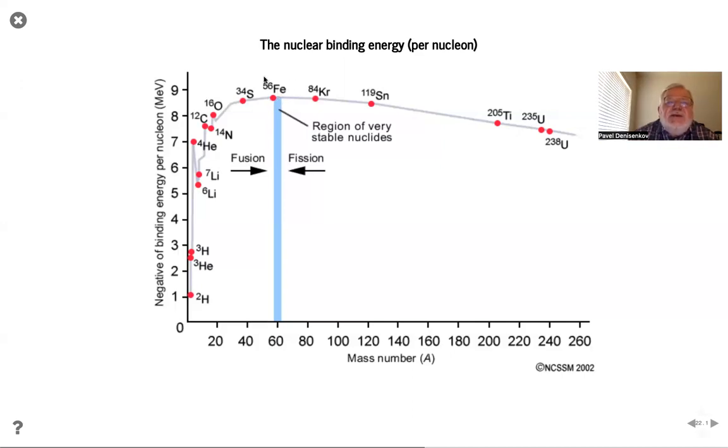After that, the iron core experiences collapse, and as a result we have a core-collapse supernova explosion, leading to the production of either a neutron star or a black hole. Only fusion reactions that include isotopes and nuclei lighter than iron can produce some energy.